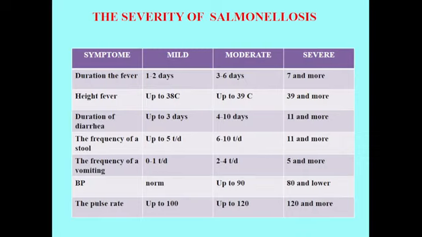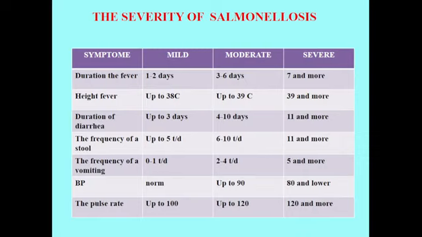Duration of diarrhea up to 3 days in mild form, 4 to 10 days in moderate form, and more than 11 days in severe form. The frequency of stool up to 5 times per day is mild form, 6 to 10 in moderate form, more than 11 in severe form.